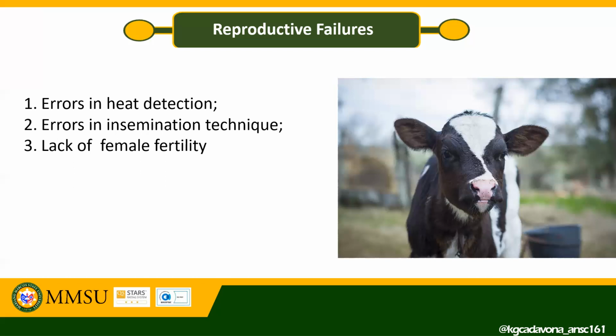We can also consider sa feeding management. Kailangan pakainin natin yung mga lactating animals natin with a diet that can maximize milk yield and ma-minimize natin yung pag-loss ng body condition score, kasi yan yung isa sa mga kinakatakutan natin pag nasa lactating period na yung mga dairy animals natin. Okay? Yung mag-loss yung body condition score.